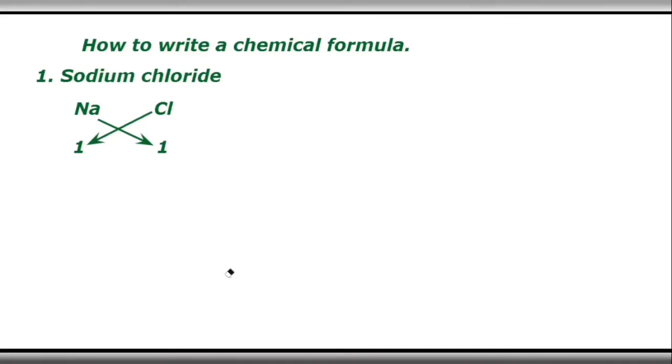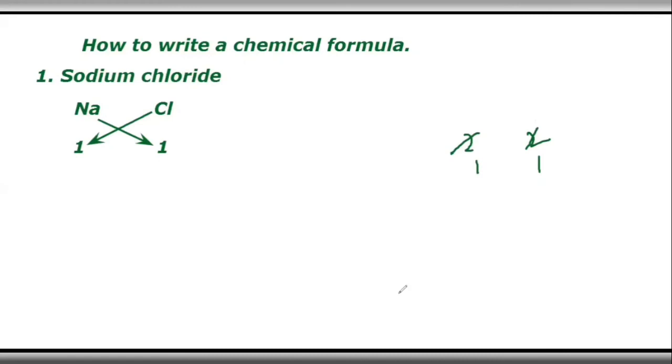But before this, you have to remember that if there are any common factors, then you have to remove those common factors. That means you have to reduce to the lowest possible numbers. For example, if instead of 1 1 we have 2 2 here, then we can reduce this 2 2 to 1 1.